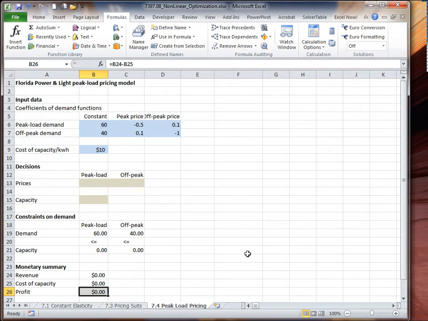Cost is a function of what? Capacity. All right. So our revenue model basically is saying there's demand times price. Our cost model is saying there's our capacity times our cost of capacity. So that's no different than just simple economics that you're already familiar with, right?